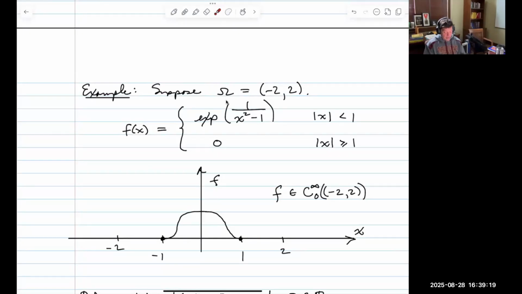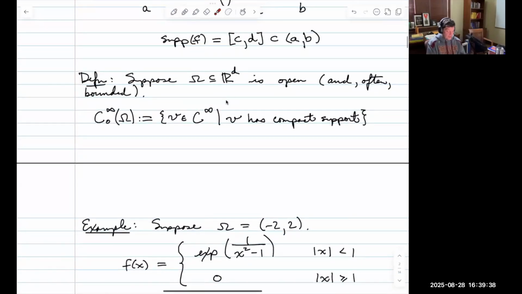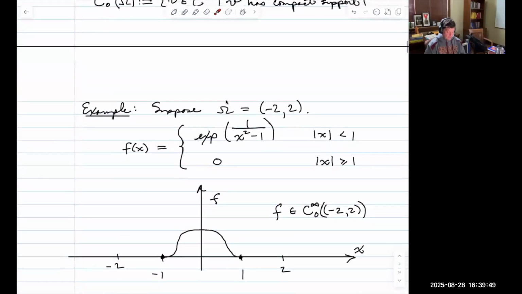Well, the only function I would derive is the 0 function. That's clearly not the same as this function. Okay, so the analytic functions can't be equal to this set of functions, even though analytic functions and C0 infinity functions are both of class C infinity. In any case, if you know anything about analytic functions, you'll know the distinction there. These are not the same.